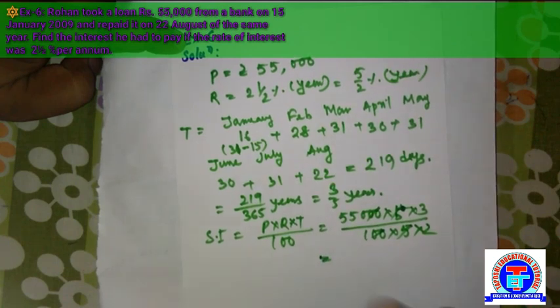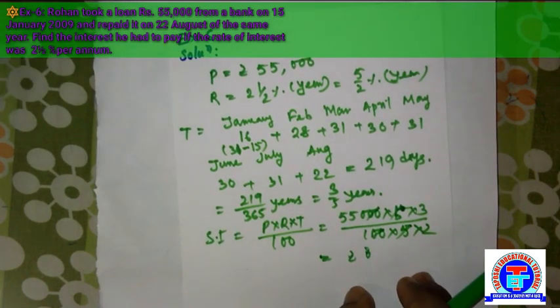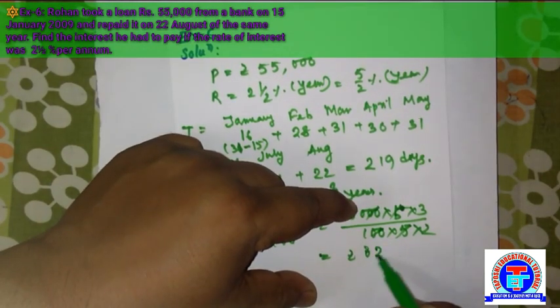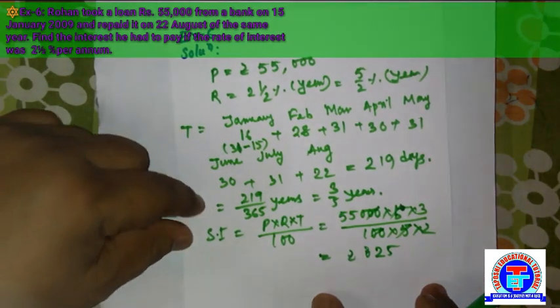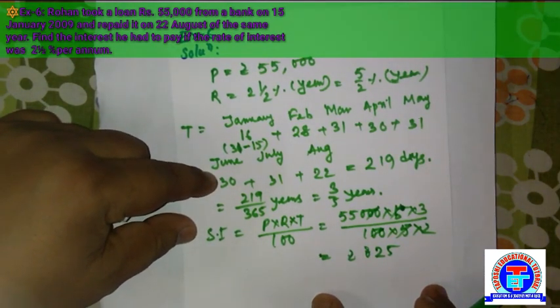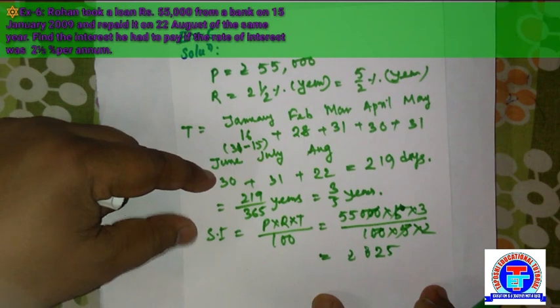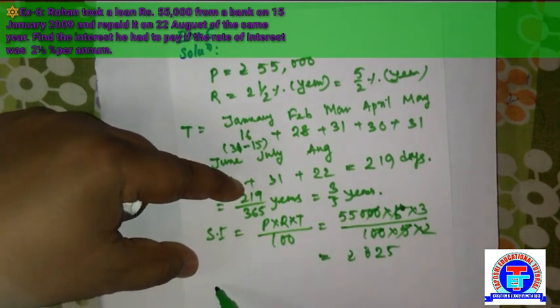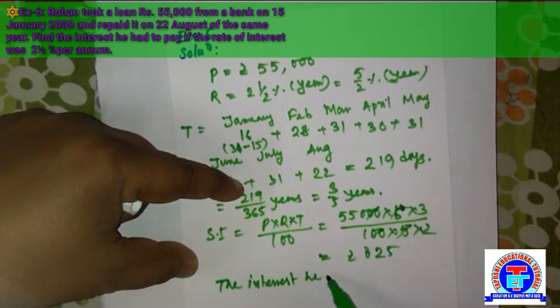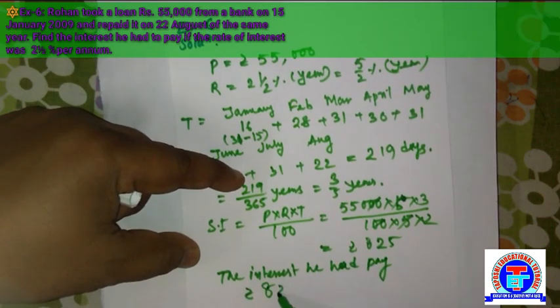Now the 0 cancels here, 5 cancels here, and now multiply this one, then divide. This will become rupees 825. Okay, so the interest that he had to pay is rupees 825.